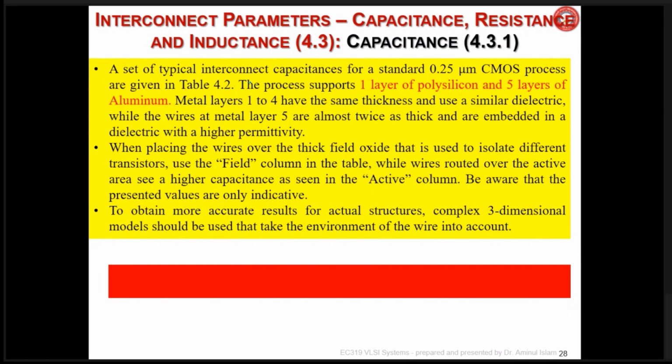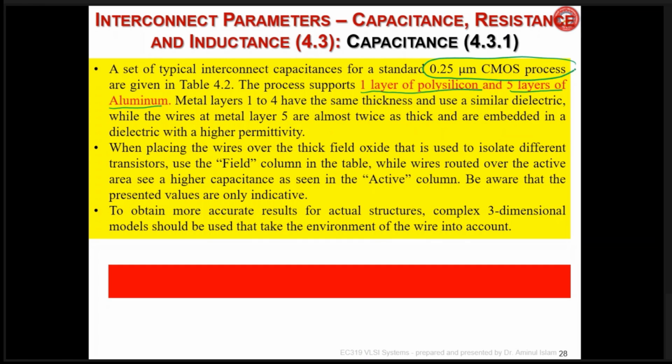A set of typical interconnect capacitances for a standard 0.25 micrometer CMOS process are given in a table. The table we're going to see now. The process supports one layer of polysilicon. Remember, one layer of polysilicon and 5 layers of aluminum. Which process? The 0.25 micrometer CMOS process.